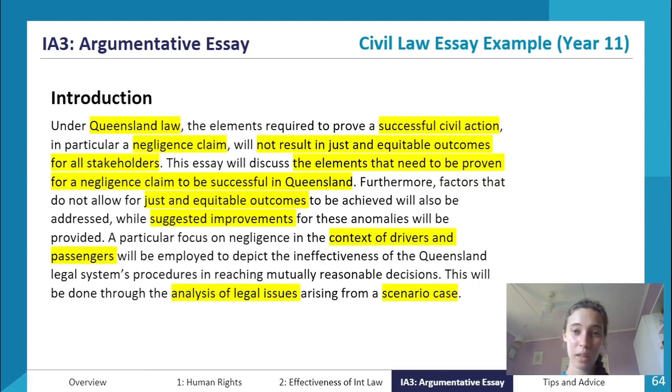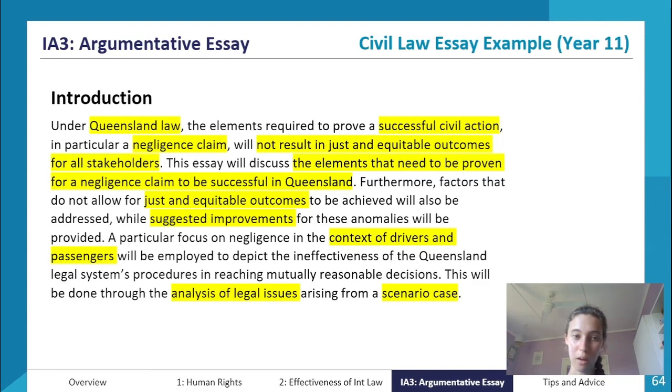Now, the thing about Year 11 is that usually it gives you a really good idea of what will happen in Year 12, and it's reflecting the different assessment tasks. So hopefully in Year 11 you did get experience doing an argumentative essay, and at that stage it probably was on civil law, if you had the same experience as me.